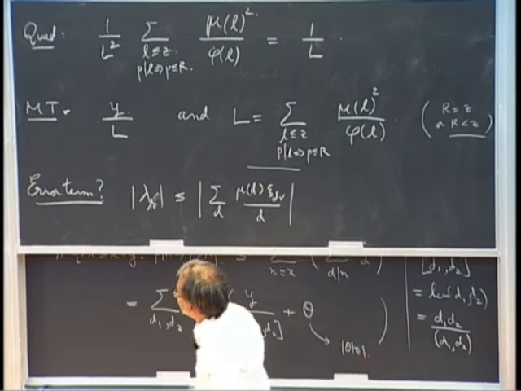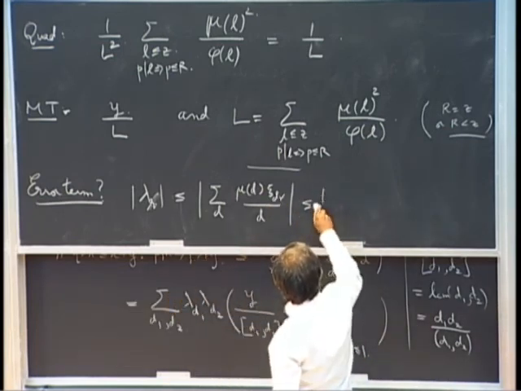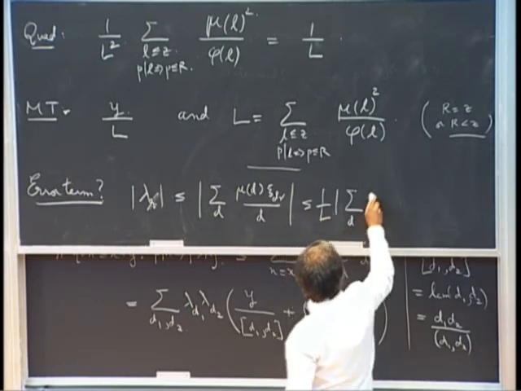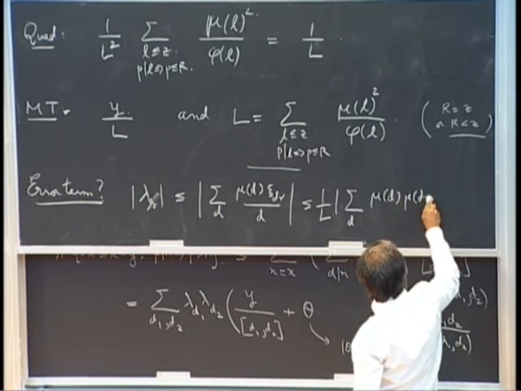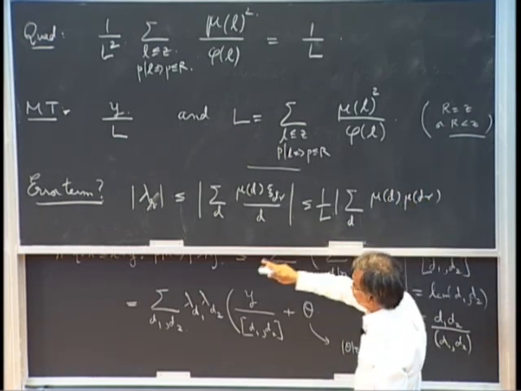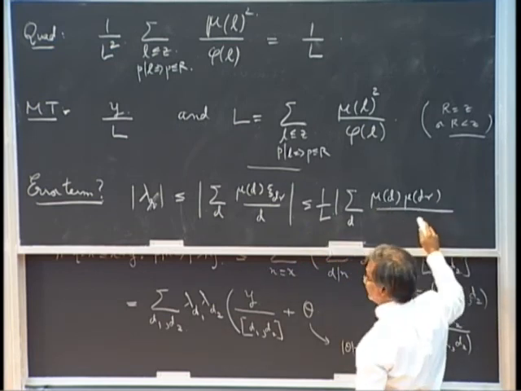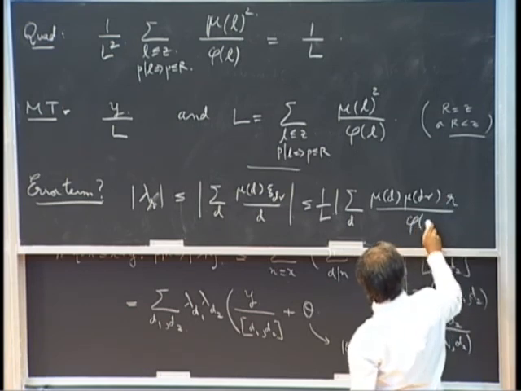Now let me plug in what c of dr is. So that's 1 over L, and then a sum over d, mu of d, mu of dr times dr over phi of dr. So r over phi of dr.